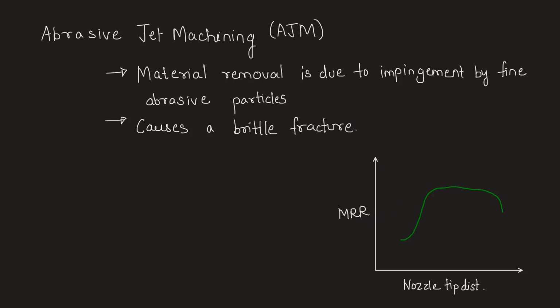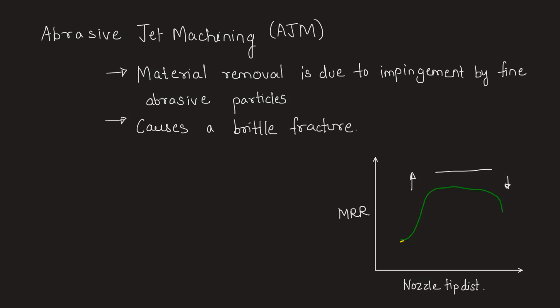So from the trend we can see that initially with the increase in nozzle tip distance, the material removal rate is increasing, not linearly but non-linearly. At a certain point it becomes maximum, then it almost remains stable, and then it decreases. So we can see that first increases, then remains stable and then decreases is our answer.